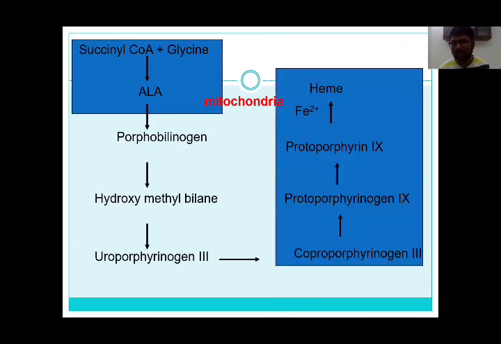So from that reaction onwards, the further reactions take place in the mitochondria. The CpG oxidase, PpG oxidase, and ferrochelatase, these three enzymes are located in the mitochondria. To sum up, the first reaction and the last three reactions take place in the mitochondria, whereas the remaining take place in the cytoplasm.